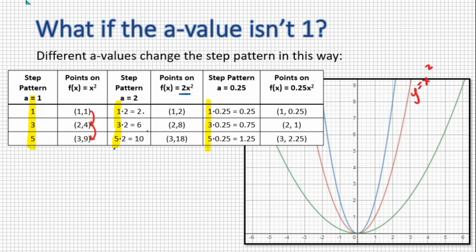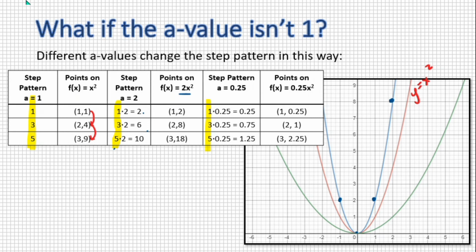So that changes your step pattern. So before, you went from 0, 0 to 1, 1. Now you're going from 0, 0 to 1, 2, because your step pattern is 2. The next one you have to go up 6, which brings you up to 8 already, and now we're off the picture already. Okay, and you can mirror that on the left side in the negative, because parabolas have that symmetry.